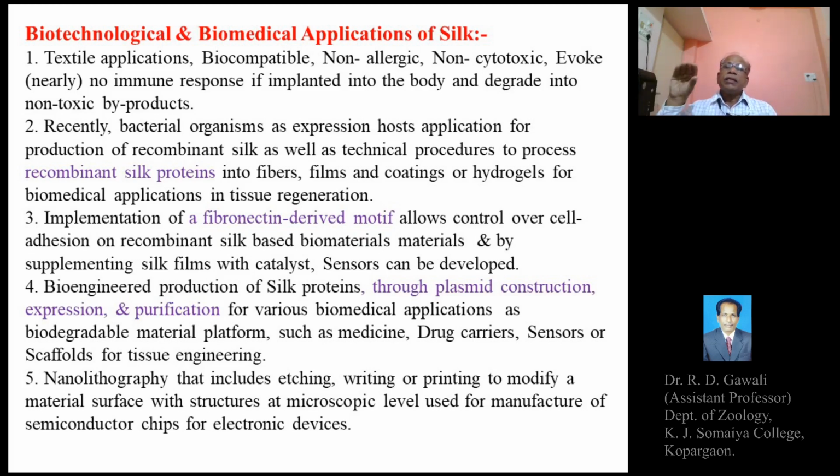By using genetic engineering, we can obtain silk proteins and transform them into various materials like recombinant silk fibers, films, coatings and hydrogels for biomedical applications such as medicine, drug carriers, and sensors for tissue engineering.